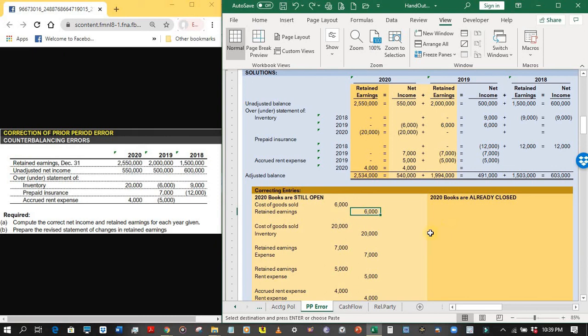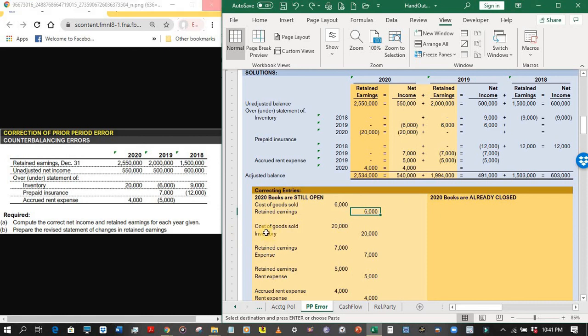Then let's proceed to the next entry. Here we have debit cost of goods sold and credit inventory. Cost of goods sold is a nominal account and inventory is a real account. So if this journal entry will be prepared when the books are already closed, the cost of goods sold will be replaced with retained earnings. The debit will become retained earnings and inventory will be credited.